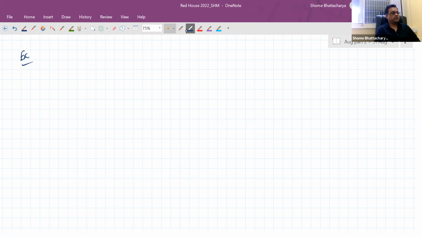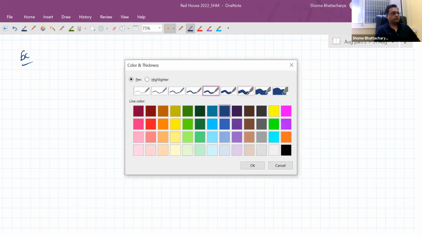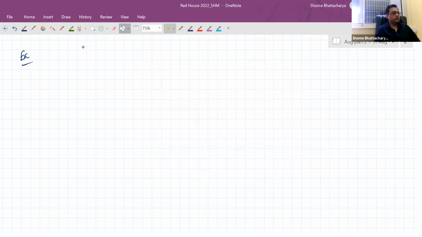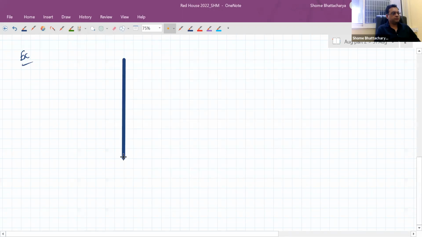So in our next example, we're going to have quite an interestingly shaped object. We are using two rods to make a T-shaped pendulum like this. Then it has a fixed axis through this point P, perpendicular to the plane, so it can rotate freely like this.